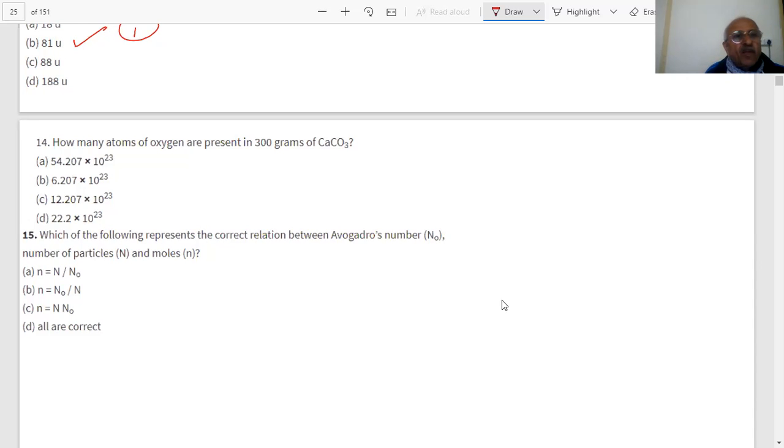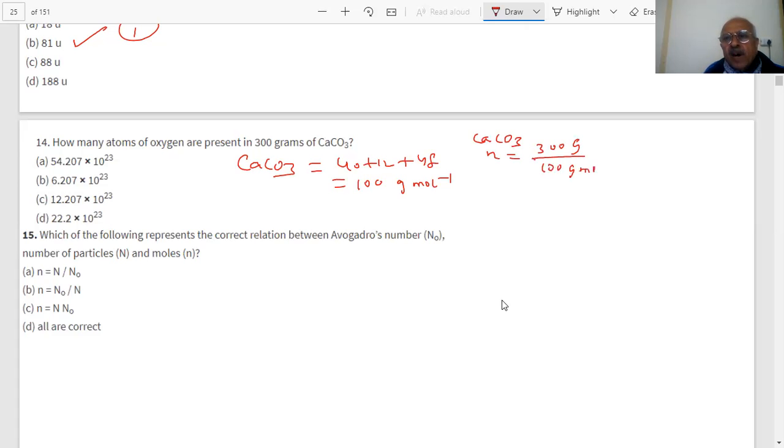Okay. How will we calculate how many atoms of oxygen are present in 300 gram of CaCO3? What is the molecular mass of CaCO3? 40 plus 12 plus 48. How much is that? 100 gram per mole. And 300 grams will mean how much? What are the moles of CaCO3? 300 gram divided by 100 gram per mole.